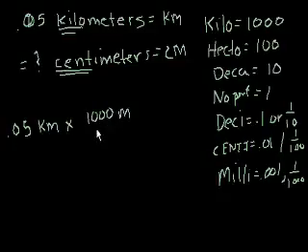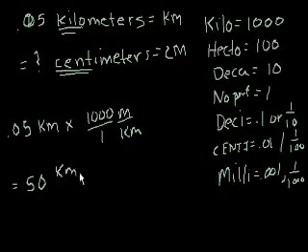So we can multiply this times 1,000 meters, and I'll do it over 1 kilometer. And what does that get? Well, 0.05 times 1,000 is equal to 50. I just multiplied 0.05 times 1,000. And with the units, I now have kilometers times meters over kilometers, and the kilometers cancel out.